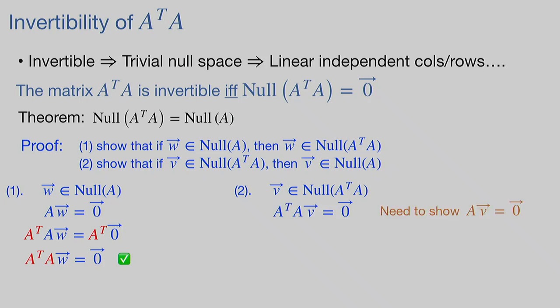But we need to show that A times V equals 0 by leveraging A transpose A times V equals 0. That's a problem, because how do I go back to A times V and show that it equals 0? I know that A transpose A times V equals 0.